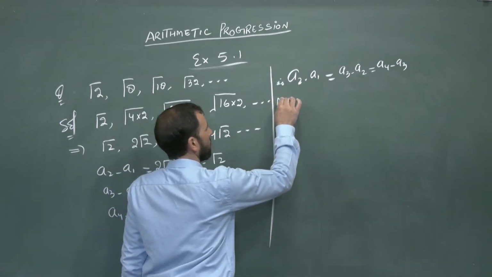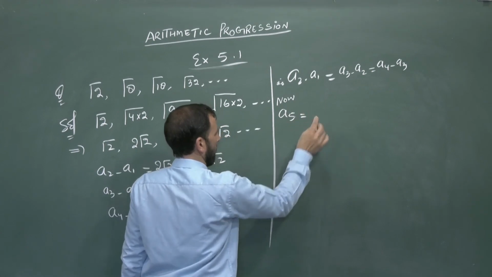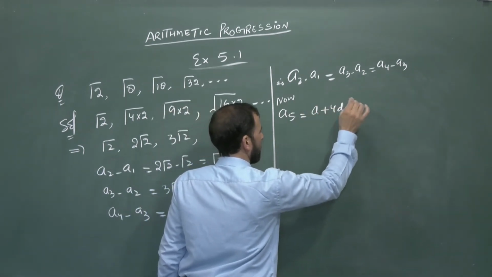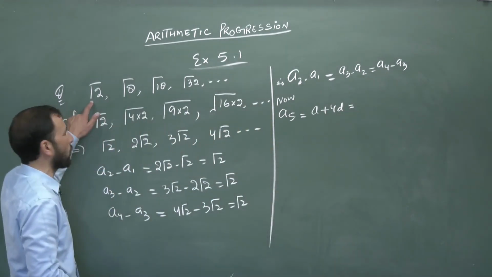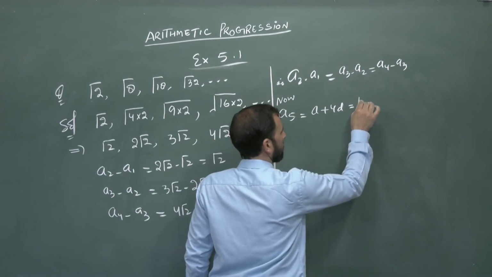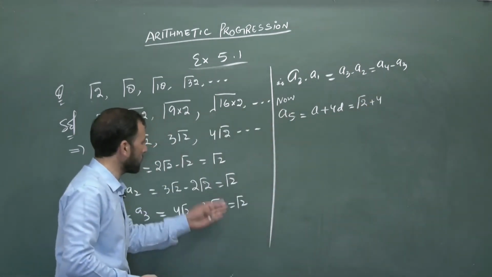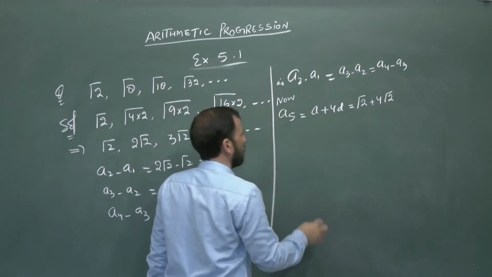Now we have to find a5. a5 is equal to a plus 4d, where the value of a is square root of 2, plus 4 into d. d is everywhere square root 2, so a5 is 5 times square root 2.